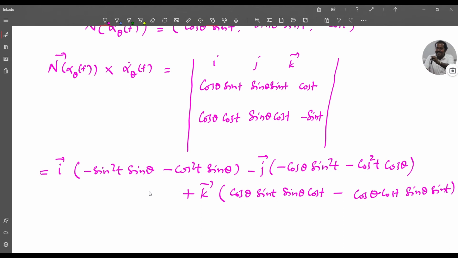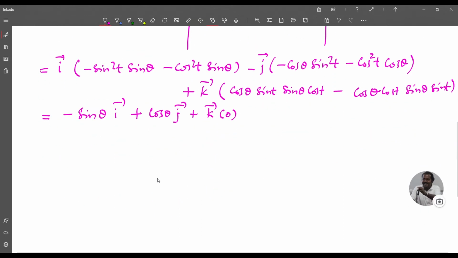So you can take minus sin theta outside, so minus sin theta into i, remaining is sin square t plus cos square t, that is 1, plus you can take cos theta outside, cancelling with this you will get cos theta into j, plus k into 0.